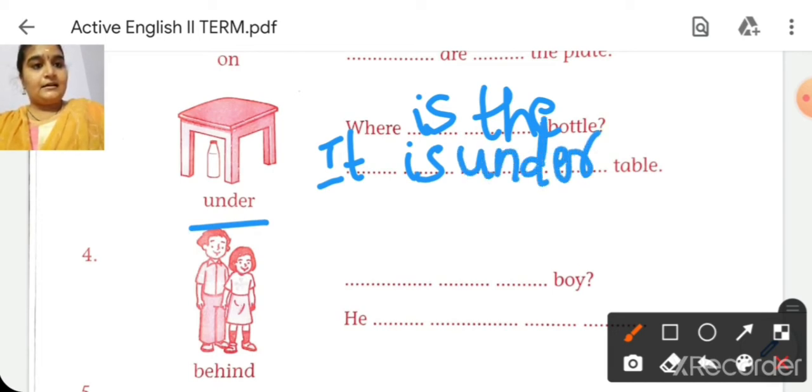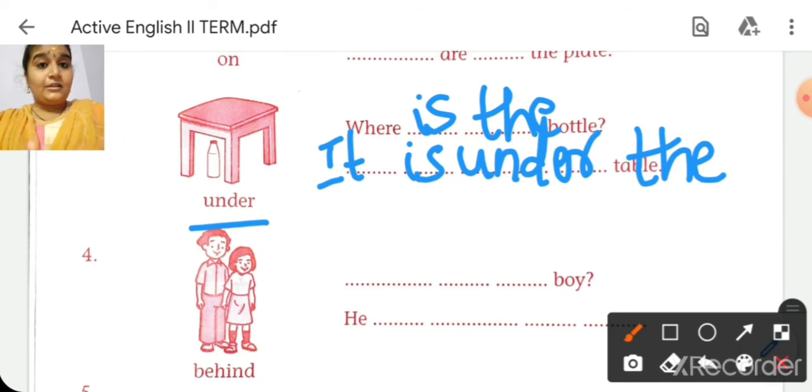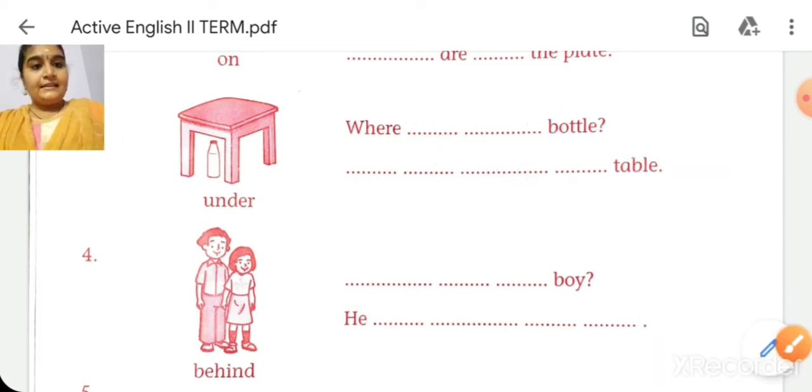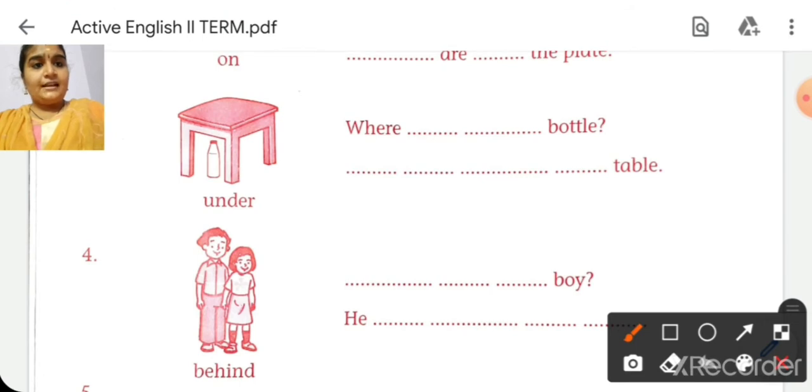U-N-D-E-R. Under the table. I don't have space here, so I am writing it over on it, okay? You have to write in that underlined one, okay? See where you will write it. You will write it is under the, okay?